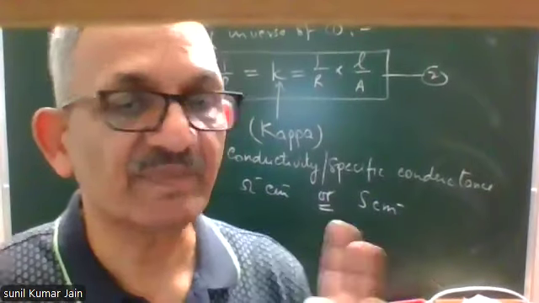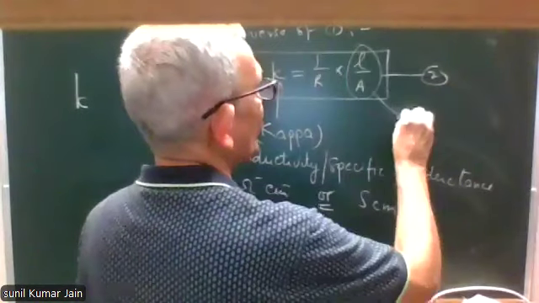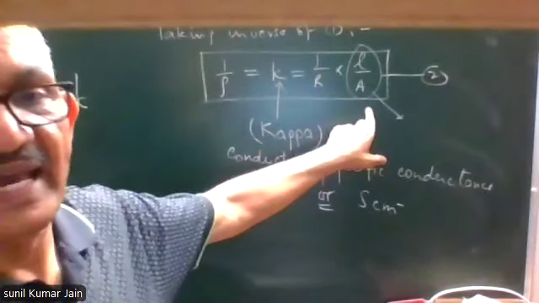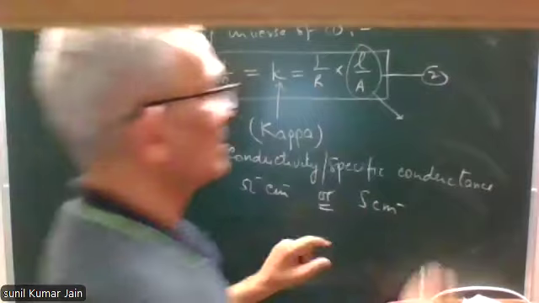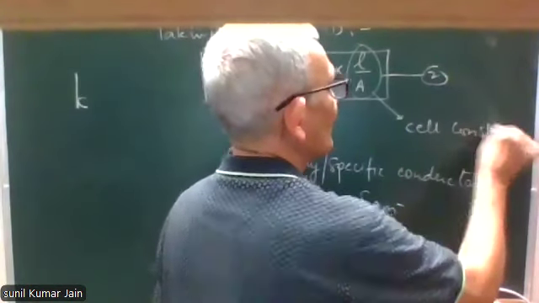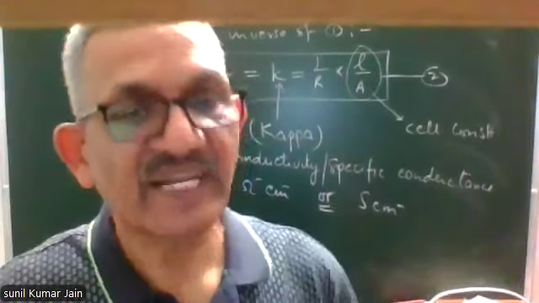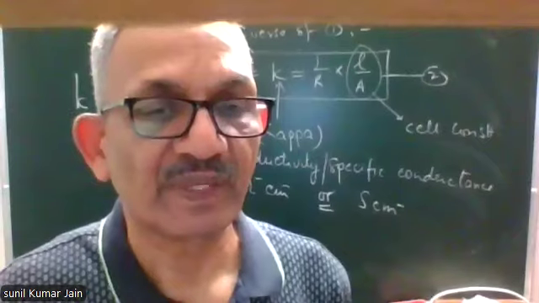So Siemens centimeter inverse. This L by A is called cell constant. Why do we call it cell constant? That will be clear in the next topic.